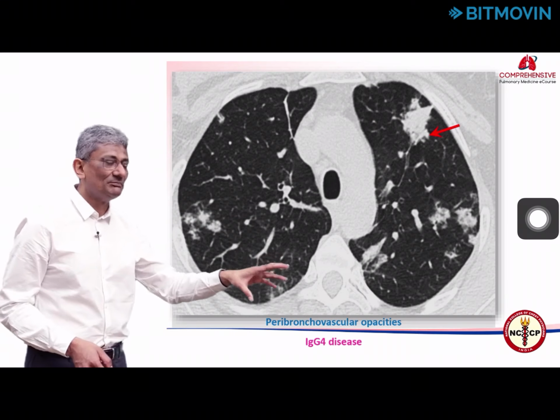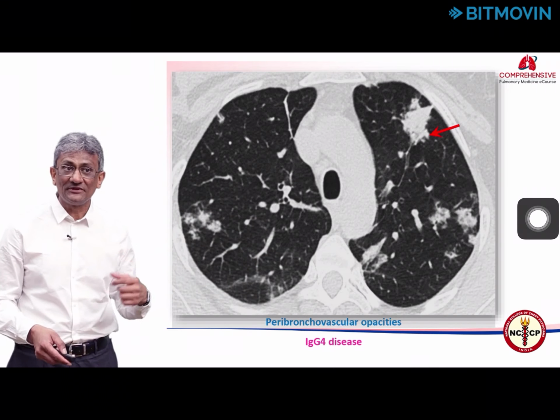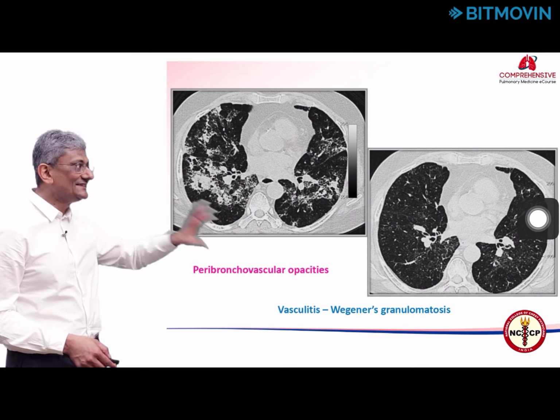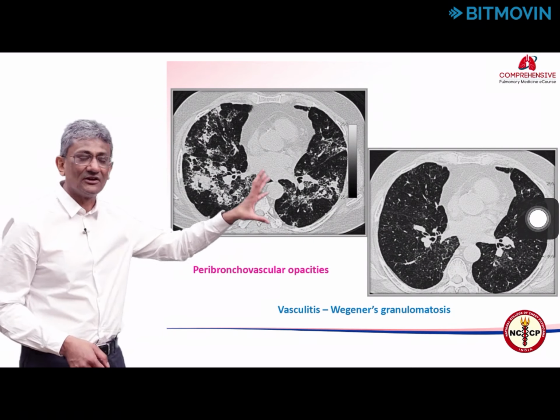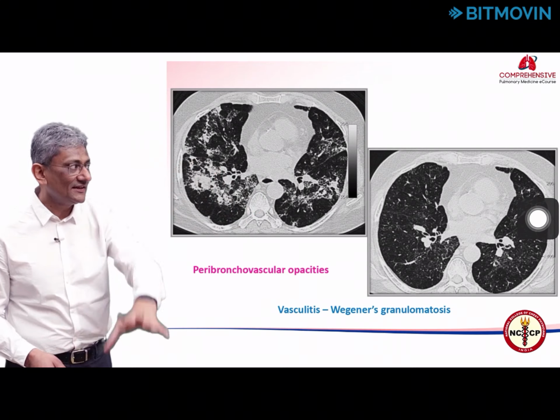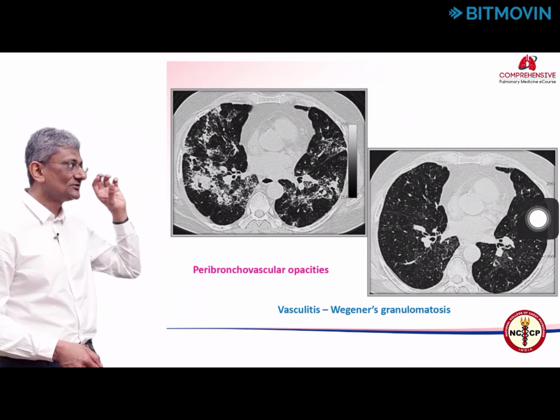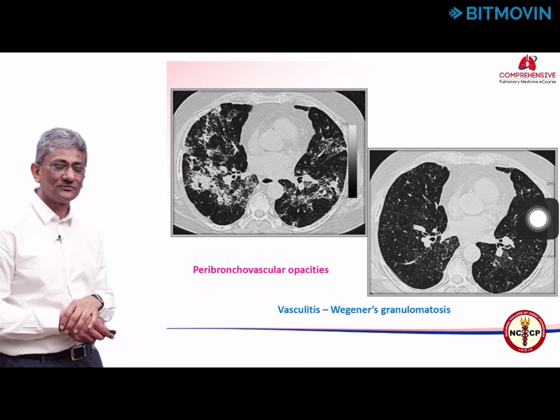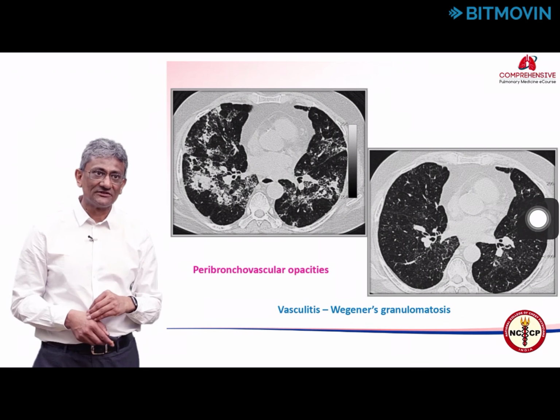In this case, we biopsied this and it was proven to be IgG4 disease. And on the left here, you see widespread consolidation and ground glass again that has regressed after treatment, and this is what you can get with small vessel disease or vasculitis. In this case, this was Wegener's granulomatosis.